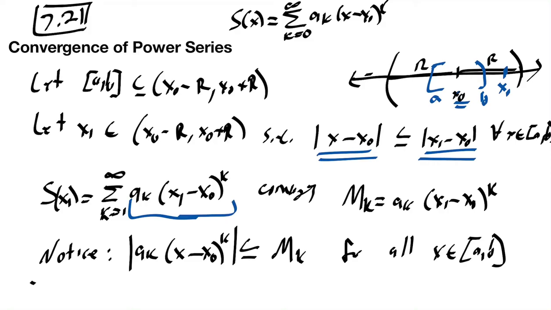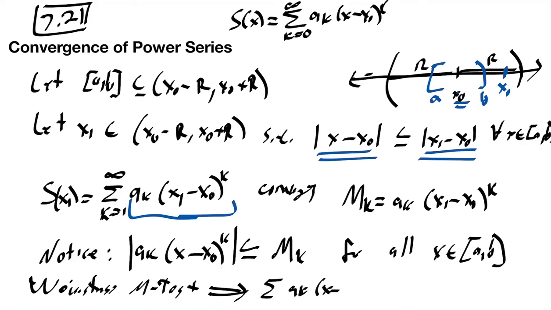Okay, but that's great because this converges, and so now we have the Weierstrass M test. The Weierstrass M test says that the sum of a_k times x minus x naught to the k converges uniformly.